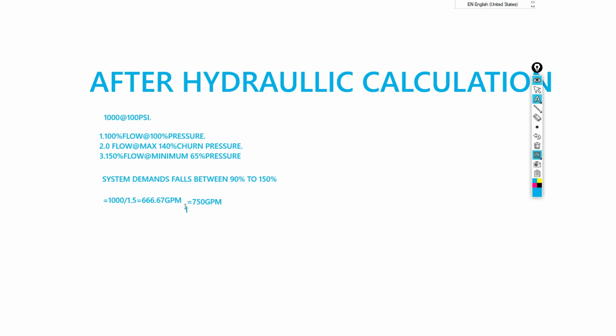So we have to check whether it falls between 90% to 150% or not. Okay, as per NFPA, what we required is 1000 GPM, but we selected a 750 GPM pump. So what is the percentage?